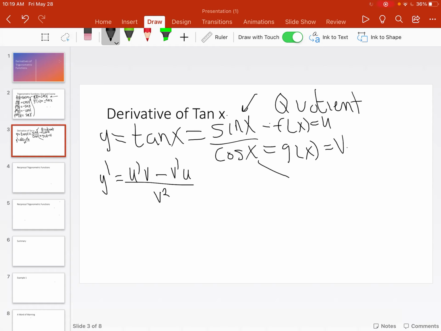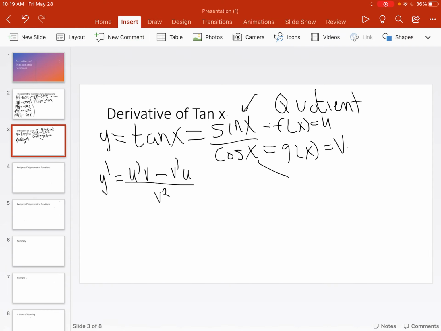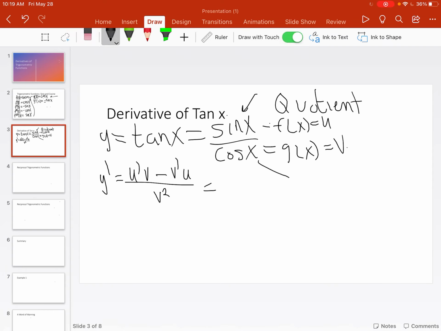And what does this come out to? Well, y prime, I'll just write it up here in case I need space. What is the derivative of the numerator? Well, we found it on the first slide. The derivative of sine x is cosine x, times the denominator, which is also cosine x, minus the derivative of the denominator.